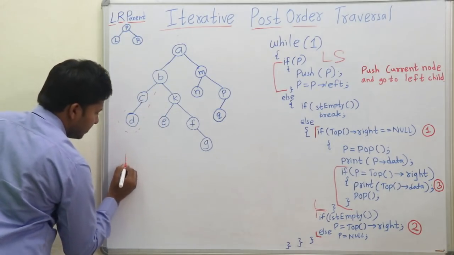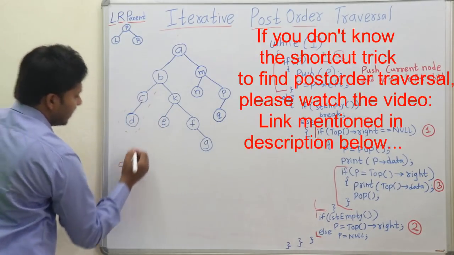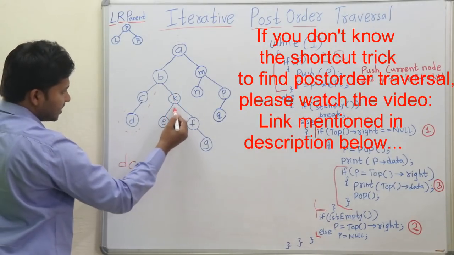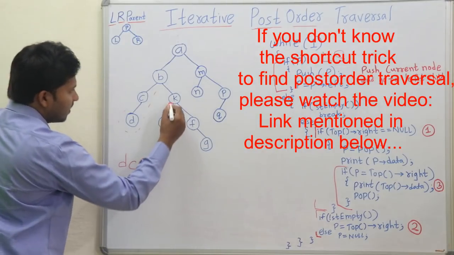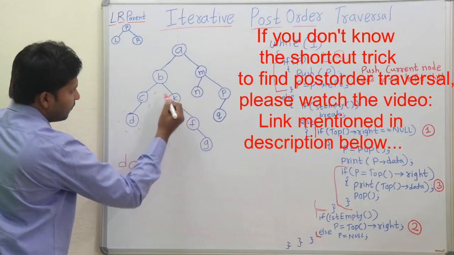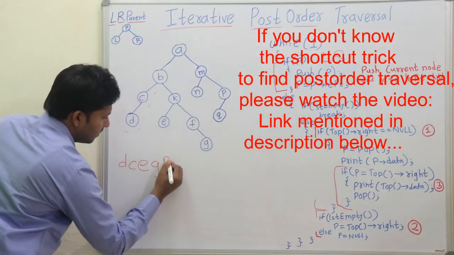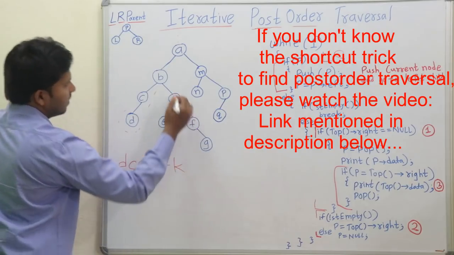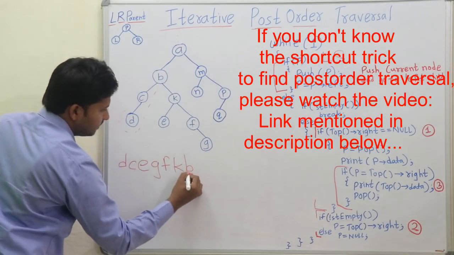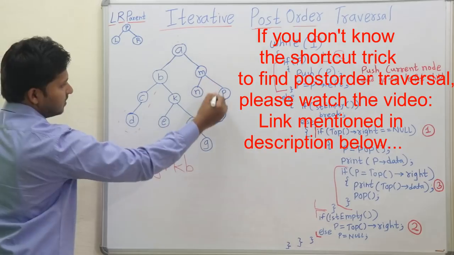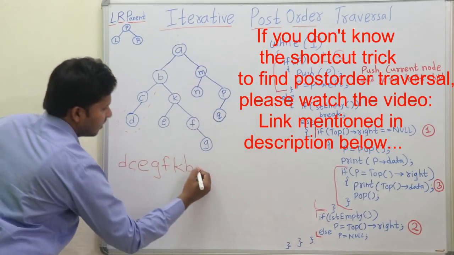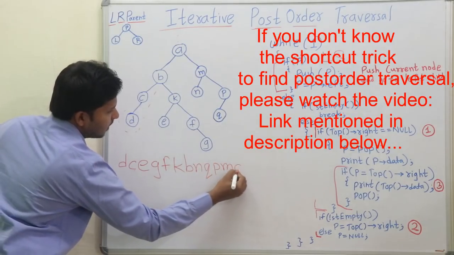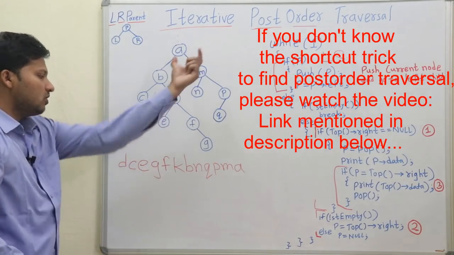So the first element in the post order is D, then C, then visit B, then K, E, this is the last visit to E, so print E, then G, F, then K, then B, then N, Q, P, M, A. So this is the post order traversal.